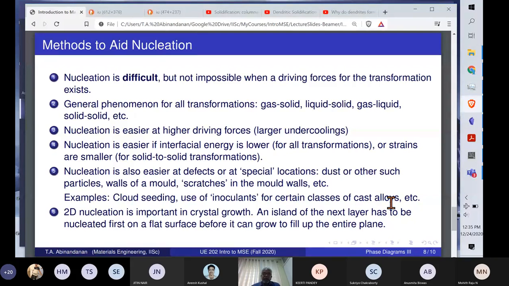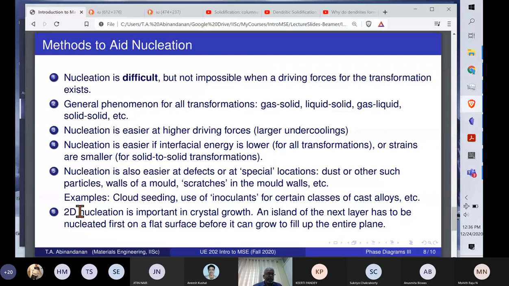When I say nothing else is done, I mean what can be done after something is cast. For example, heat treatment can be given. So many automotive parts, even when they are cast, are given some heat treatment, and so on and so forth. So in such cases, you may want to throw in something called inoculants to aid the nucleation process. And that's another interesting example: these inoculants are basically like dust in the case of these liquid alloys.